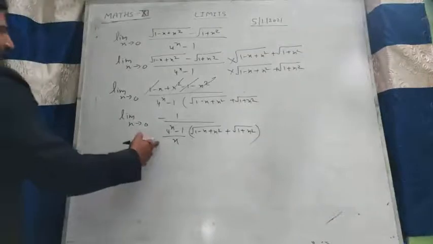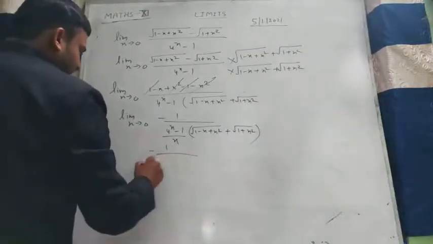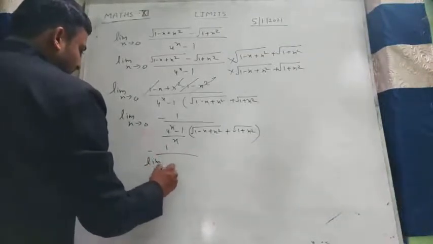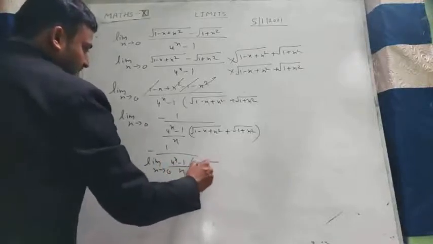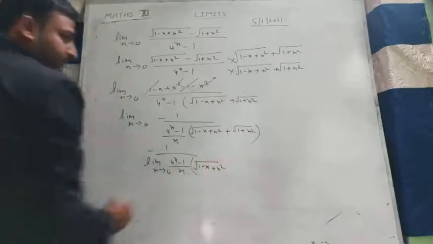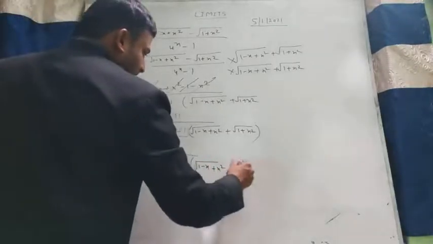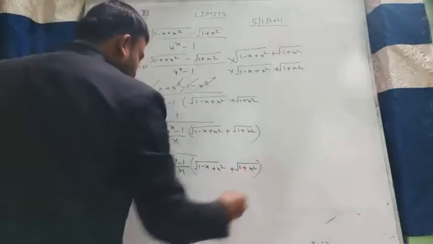Now we take the limit with this term, we get minus 1 by limit x tends to 0 of 4 to the power x minus 1 by x, under bracket under root 1 minus x plus x square plus under root 1 plus x square.